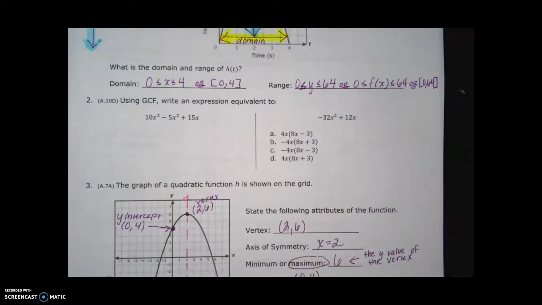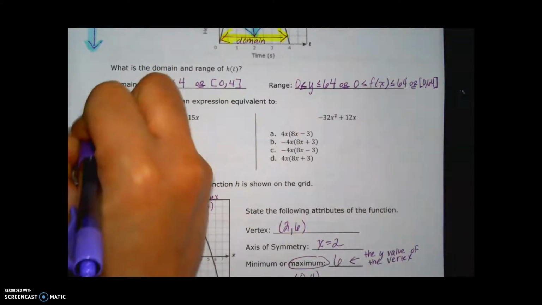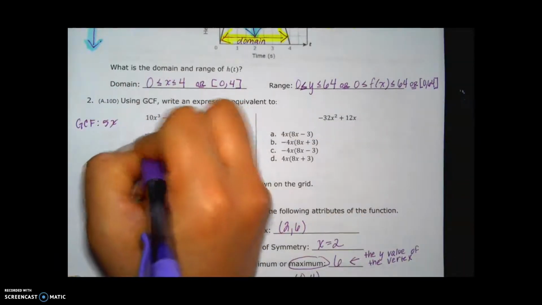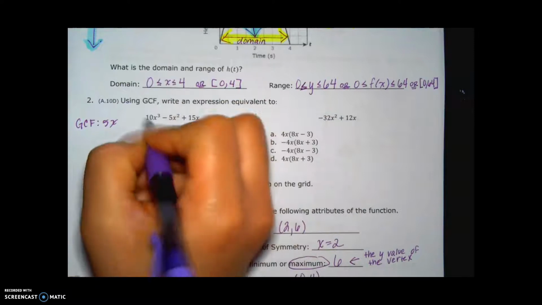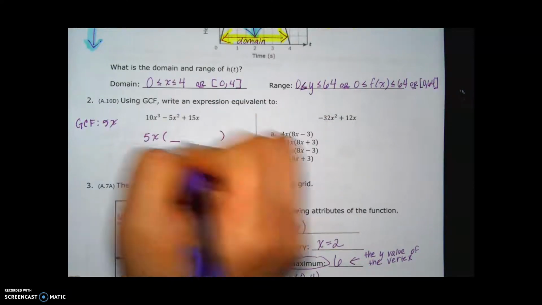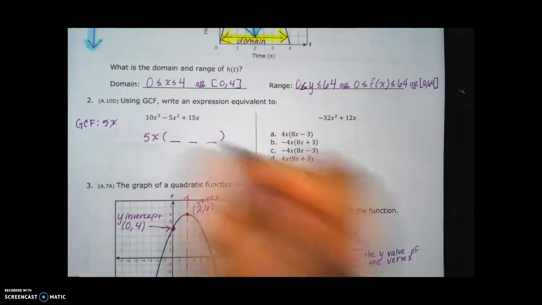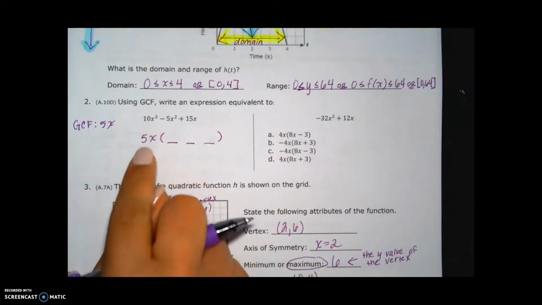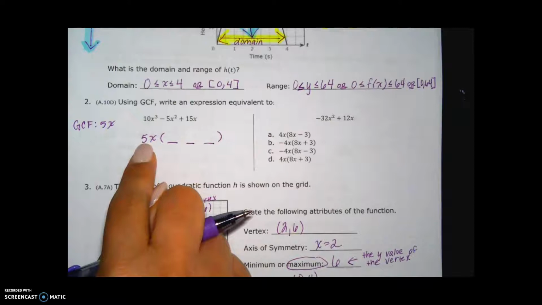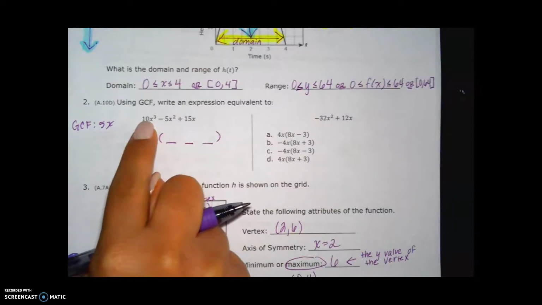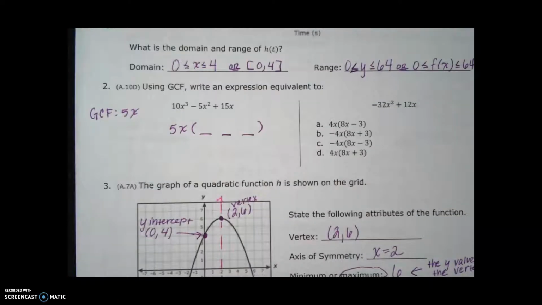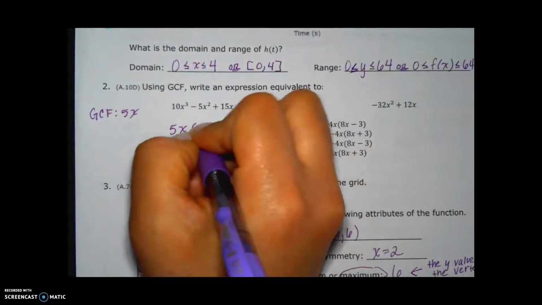Now that I know my GCF is 5x, I have to pull out a 5x and think about what I need to put here, here, and here in order to get this polynomial back. So I ask myself, 5x times something gives me 10x to the third power. Well, 5 times 2 gives me 10, so there's going to be a 2 there.